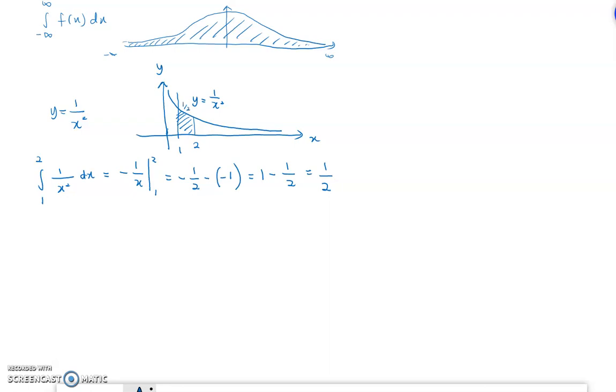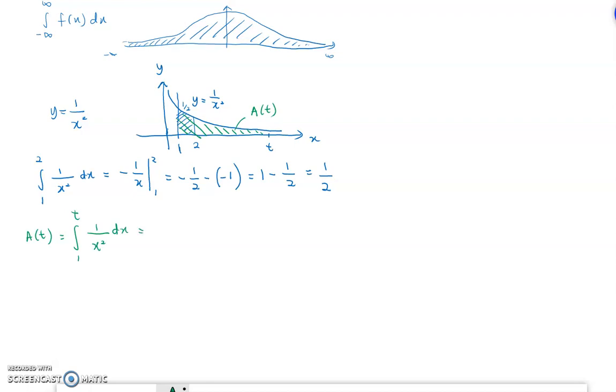Now we extend our limit from 1 to 2 to from 1 to a number t. We want to find the area under the curve from 1 up to t, so we just change the limit to the integral from 1 to t of 1 over x squared dx.